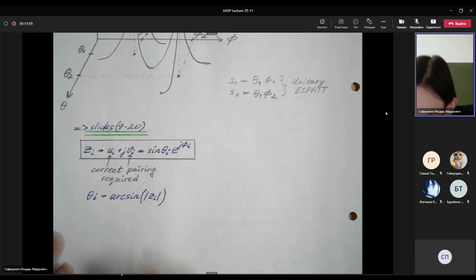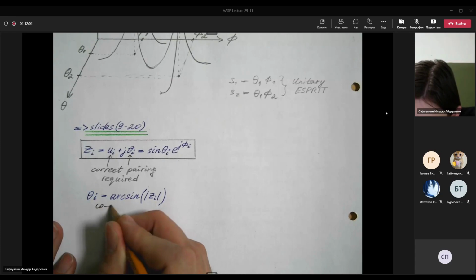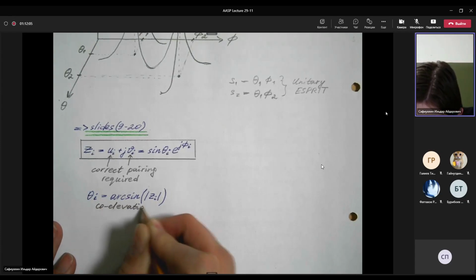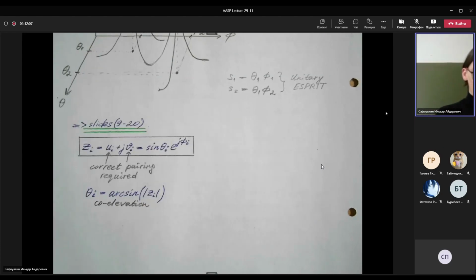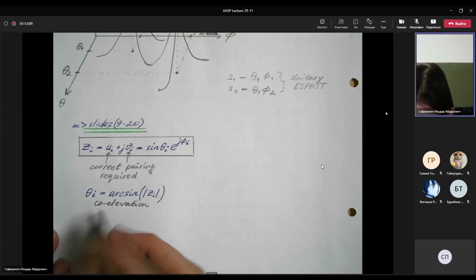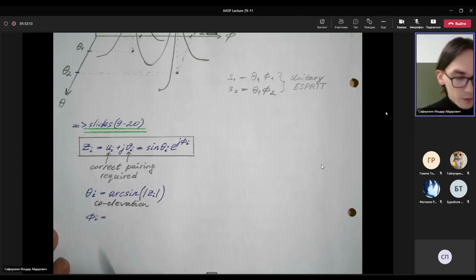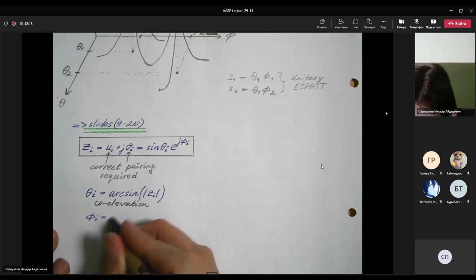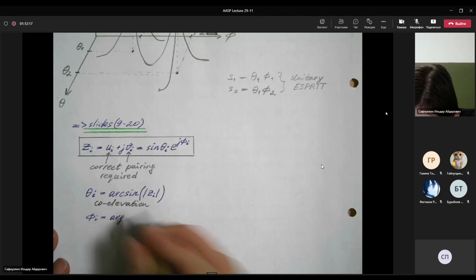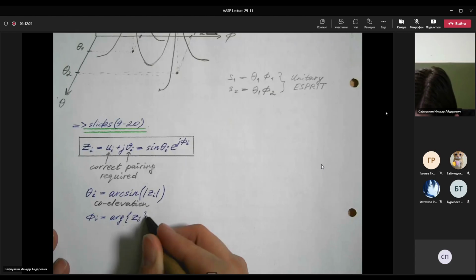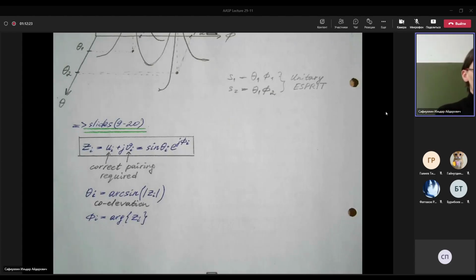So this thing is co-elevation. And phi sub i is equal to the argument of z sub i. And this one is azimuth.